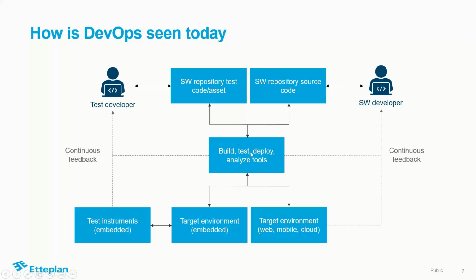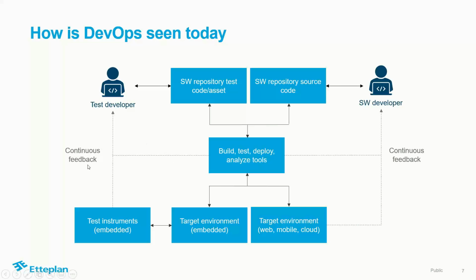And then depending on the environment, we can utilize these target environments as we desire or as we have configured them to work. For example, on the embedded side, there can typically be hardware-in-the-loop setups where there are also test instruments involved in the test setup. So that is maybe something extra that we see on the embedded side compared, for example, to the web, mobile, and cloud environments.